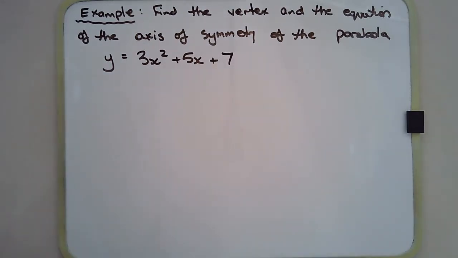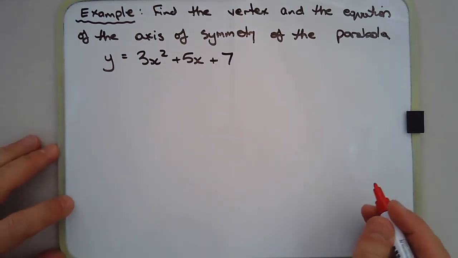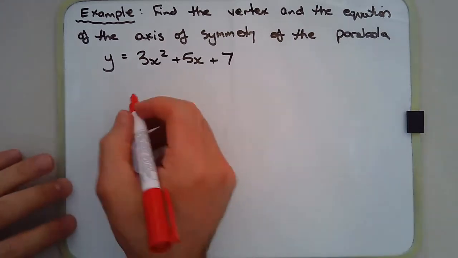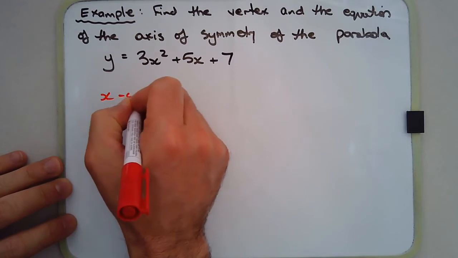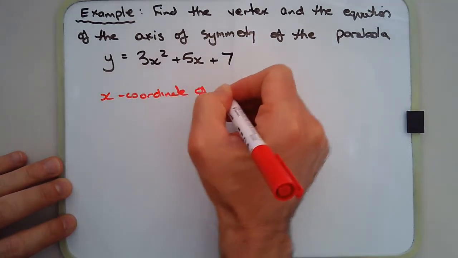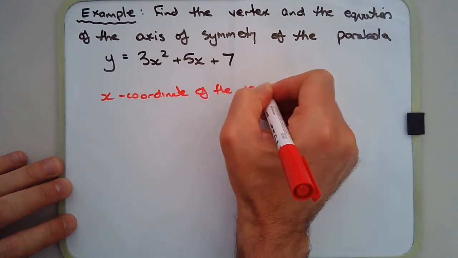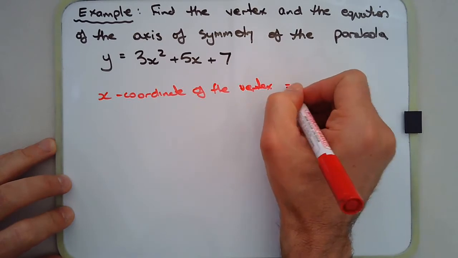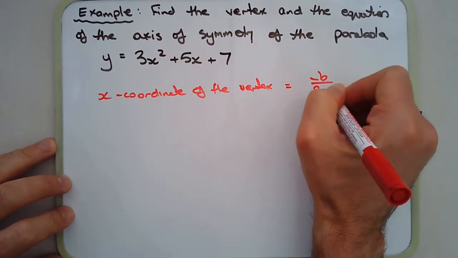The first thing we do is find the x-coordinate of the vertex. The x-coordinate of the vertex is equal to negative b on 2a.